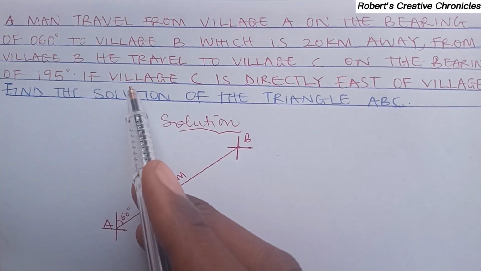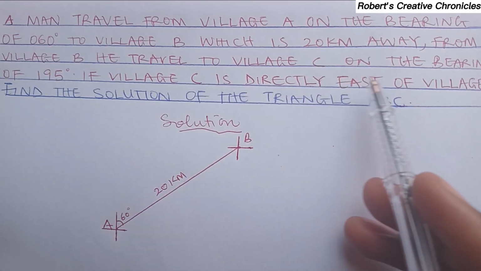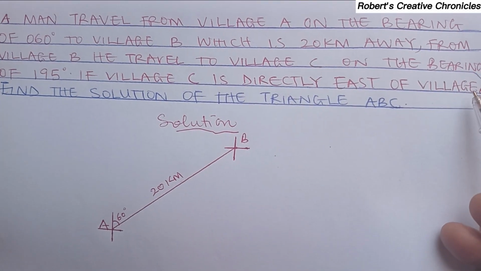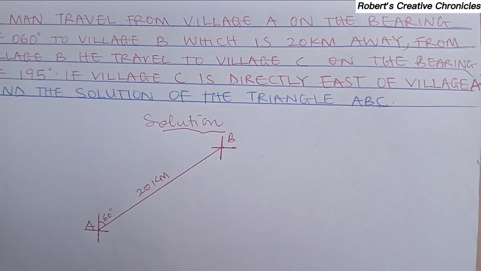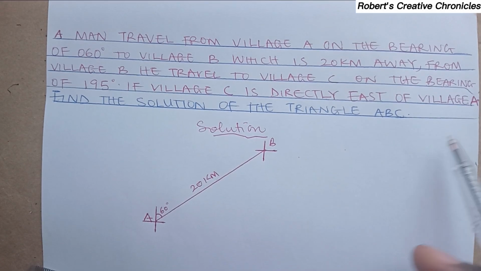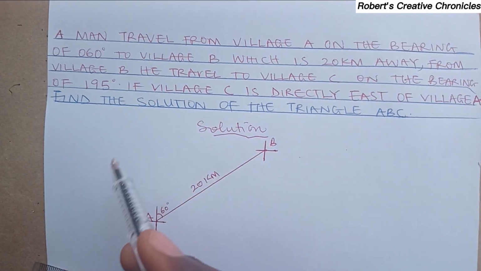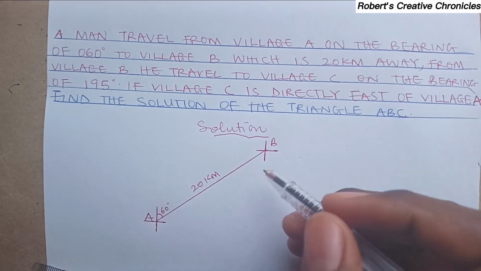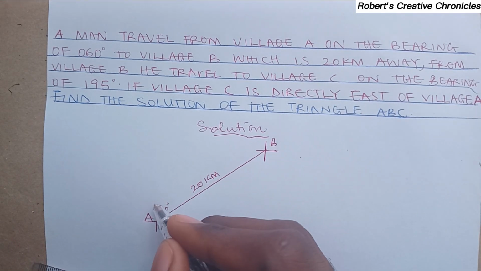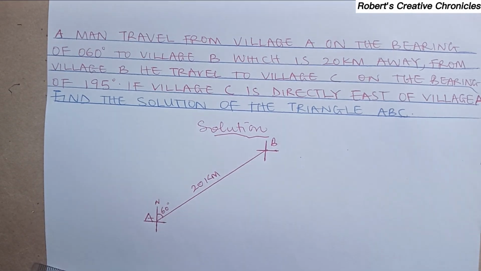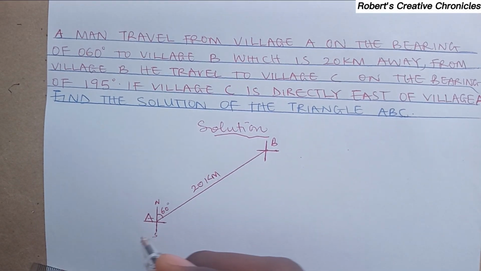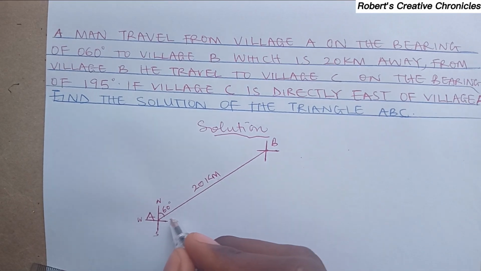From village B, he traveled to village C on the bearing of 195 degrees. And bearing normally is measured from the North Pole. This one, from the North Pole, this is north, south, west, and here is east.